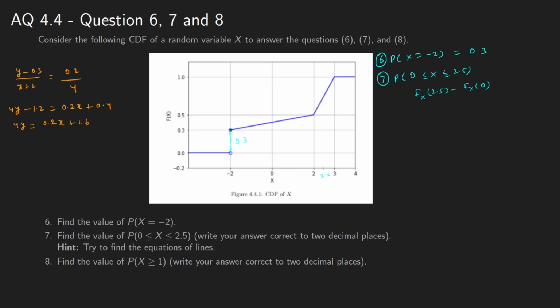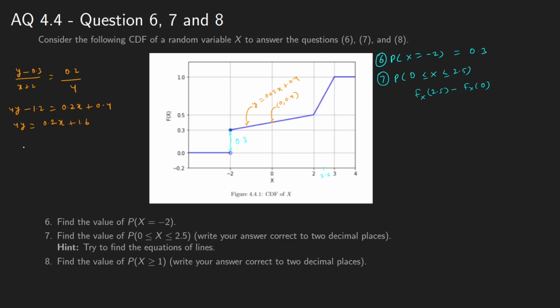So this is the equation of this line: y equals 0.05x plus 0.4. As you can see, at x equals 0, the y coordinate of this line will be equal to 0.4. So the coordinates of this point will be (0, 0.4).